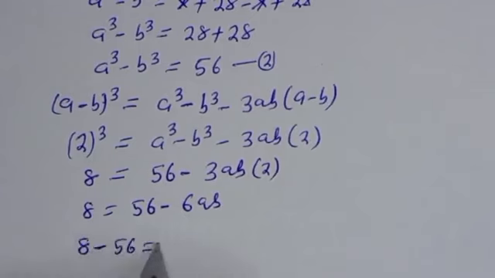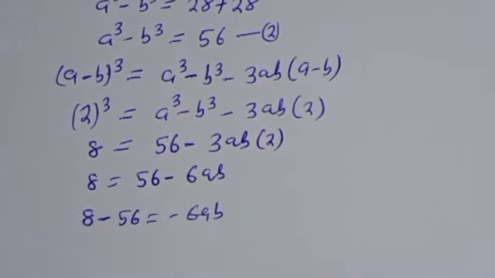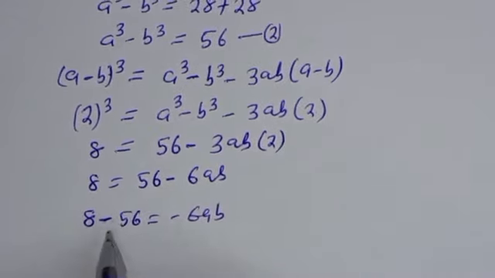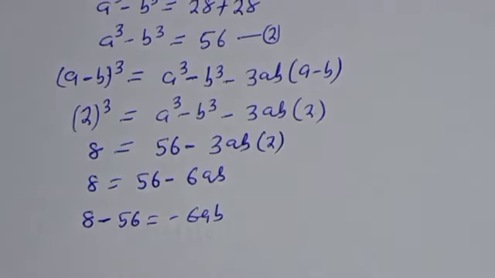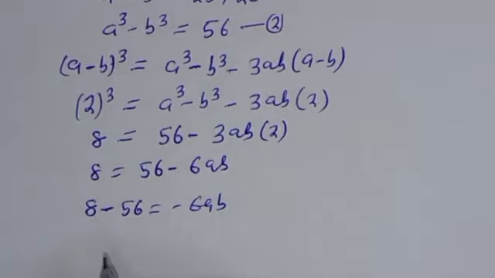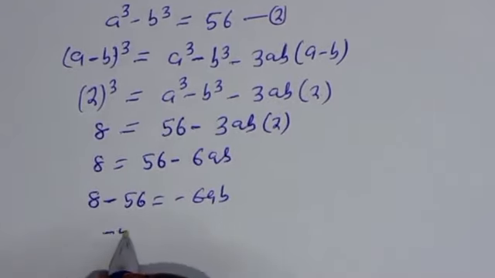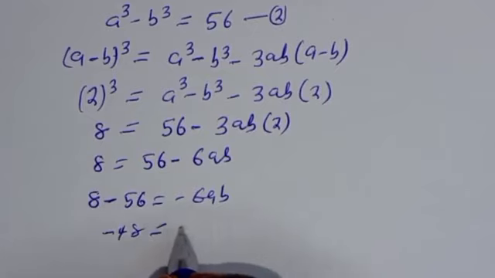Eight minus 56 is equal to minus 6ab. Then 8 minus 56, then minus 48 is equal to minus 6ab.